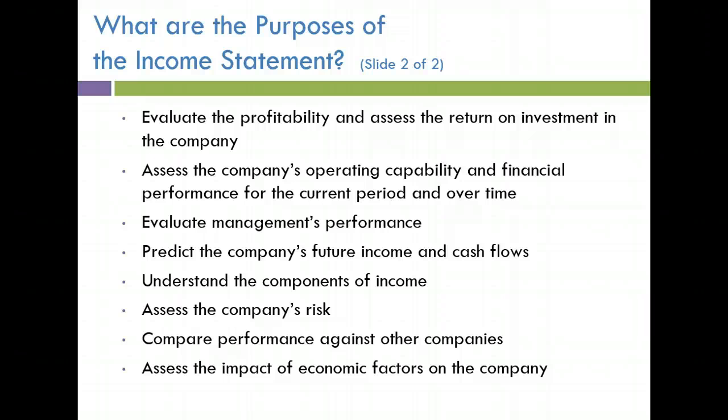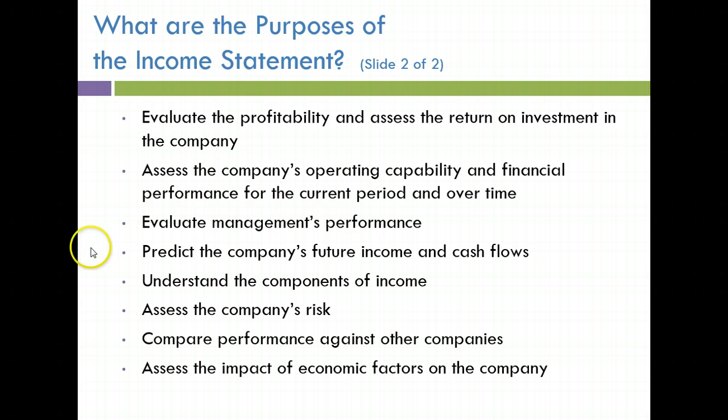Know that. Assess the company's operating capability and financial performance for the current period and over time. So operating capability is all about what are they in business to do, and how is their performance compared to previous years and compared to other companies in the industry, or maybe an industry average.